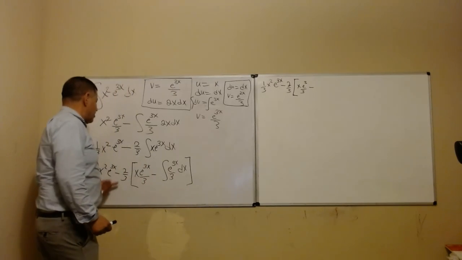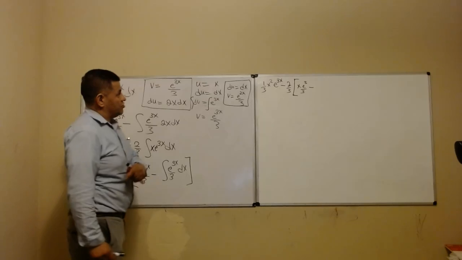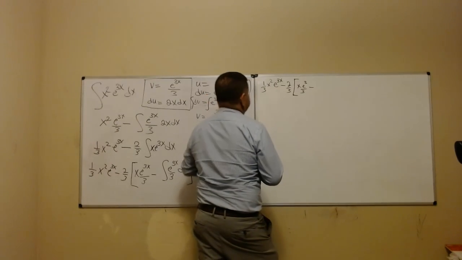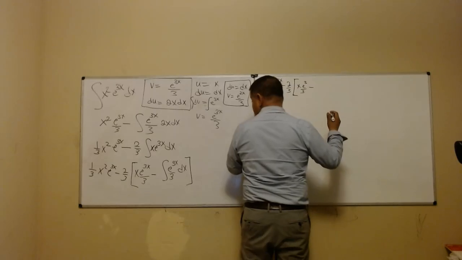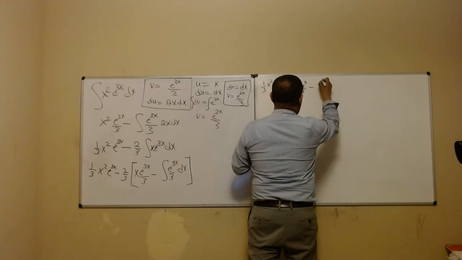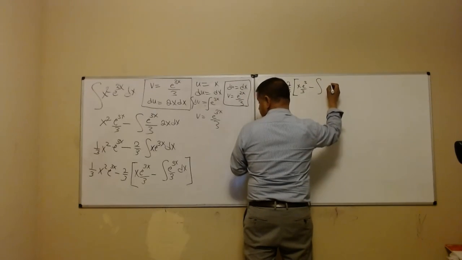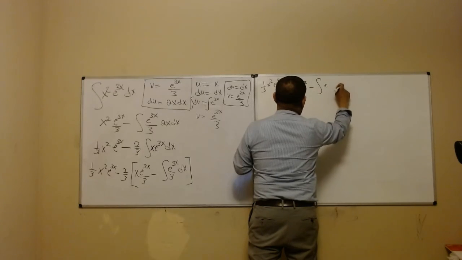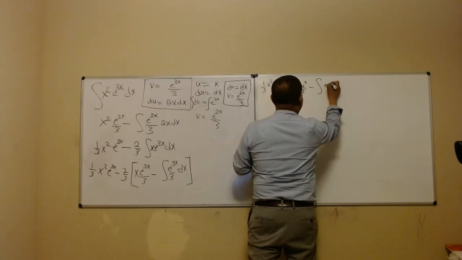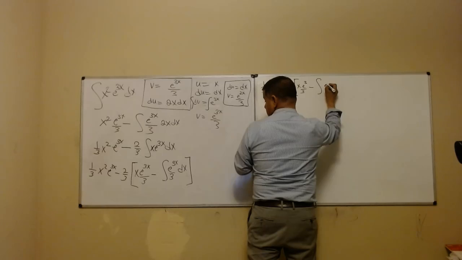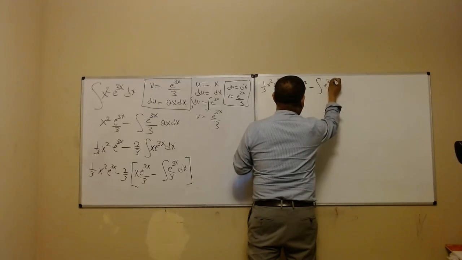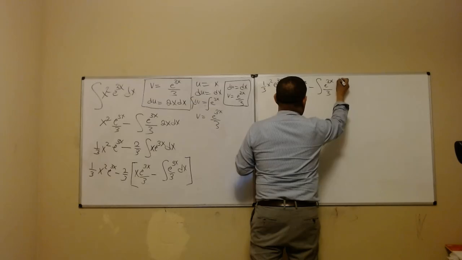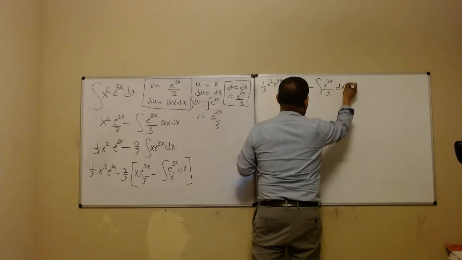I already factored it out, so that is multiplied through. Okay, so we get e to the 3x over 3, and dx.